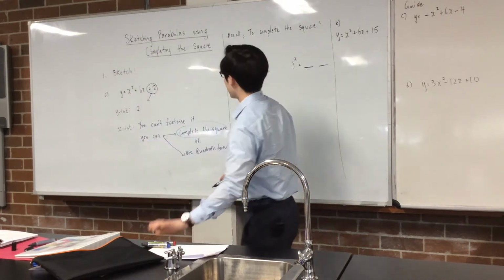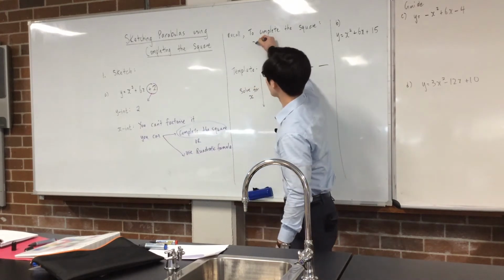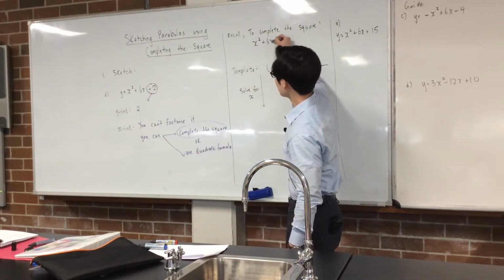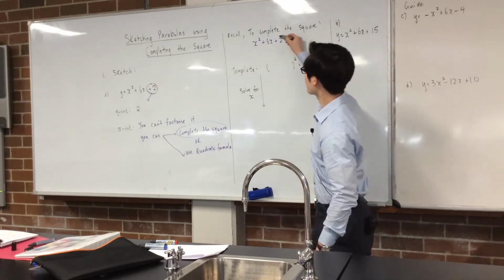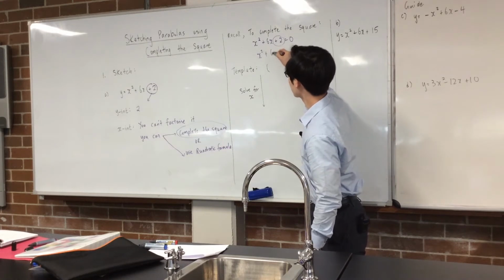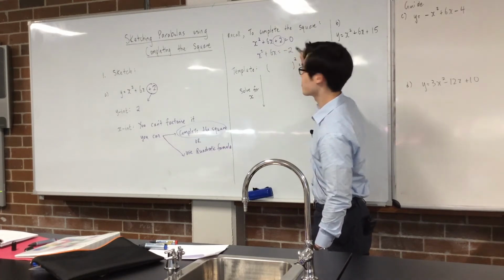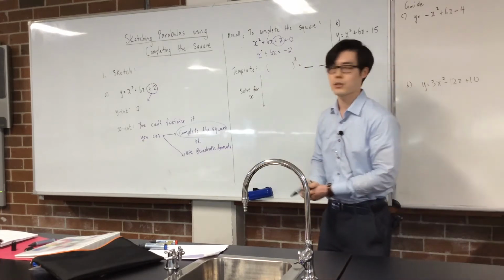All right? So the first step you've got to do is make this equation equal to 0, and then what you want to do after that is bring the number without x to the other side. So x squared plus 6x equals 2 minus 2. Now this is like your form or a template you can use to make completing the square quicker.